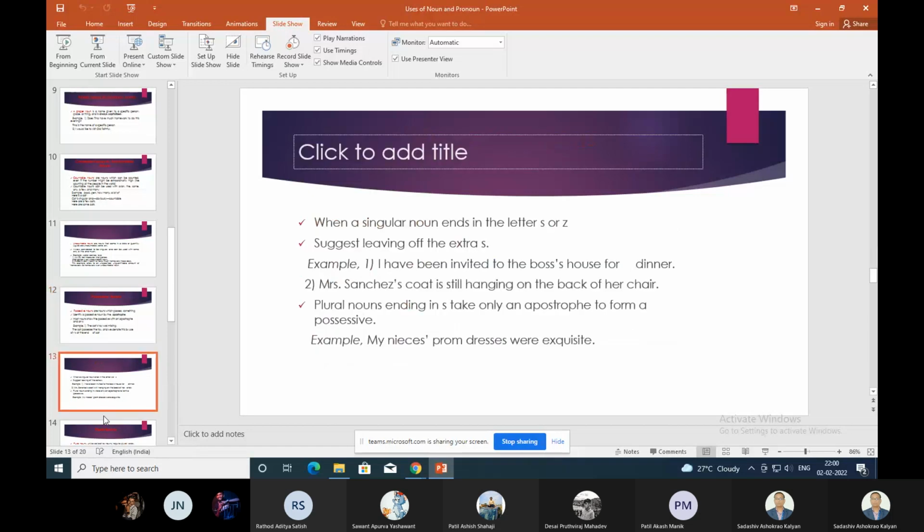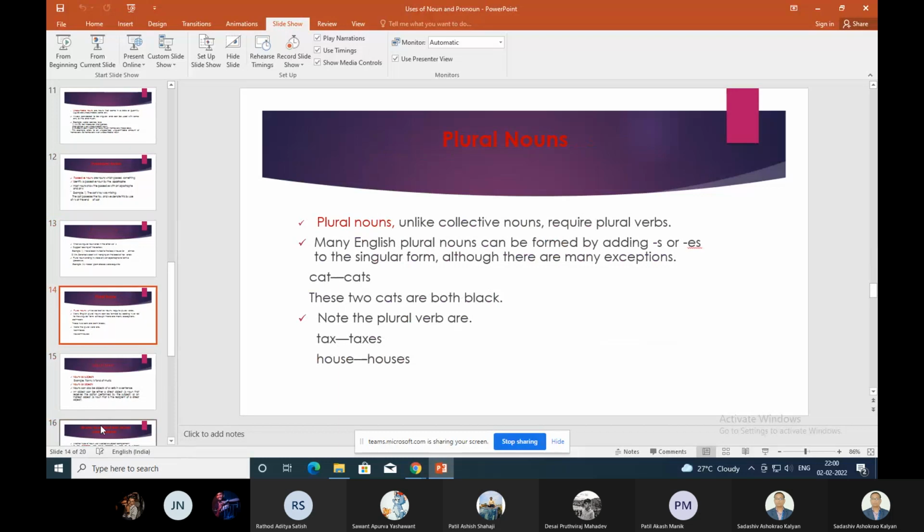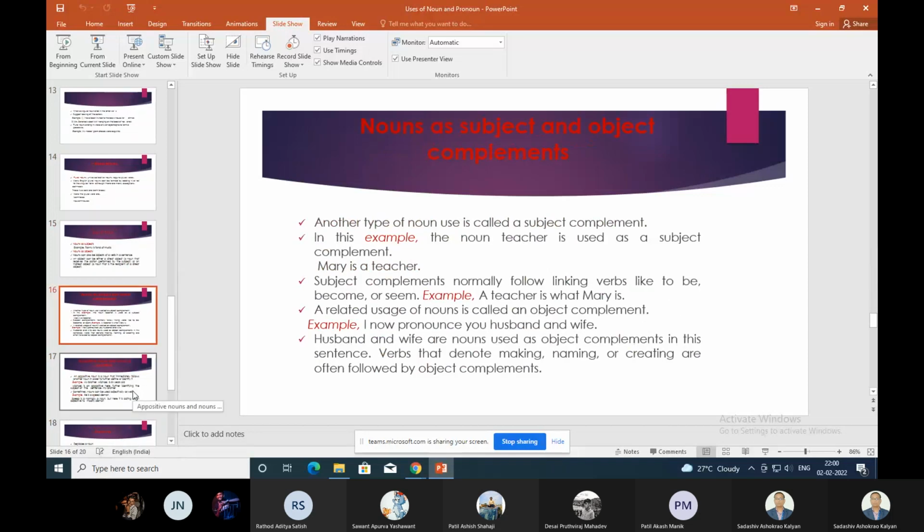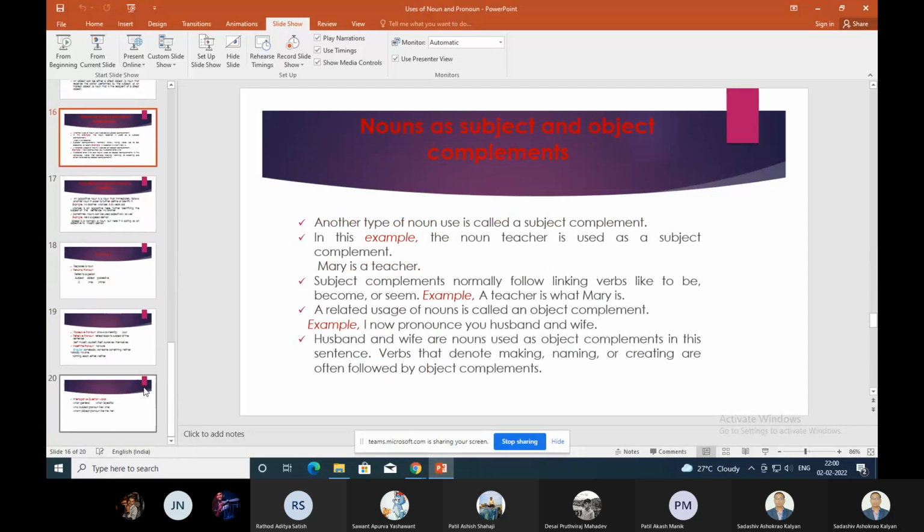Related to the apostrophe, we discussed various rules, and various kinds of plural nouns, whenever we add suffixes like -s and -es. Then we studied how nouns are used as subject, object, subject complement, and at the same time as object complement.